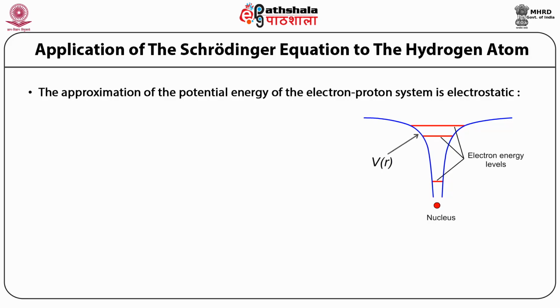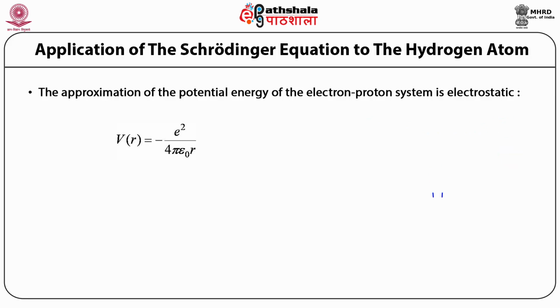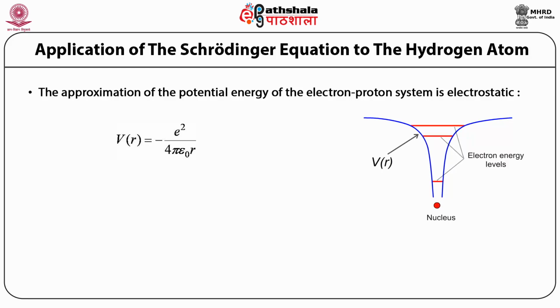The hydrogen atom can be treated as a particle in a quantum well defined by the following electrostatic potential, that is V(r) equal to minus e square by 4 pi epsilon naught r, and it is schematically shown in this figure, which shows the potential well due to electrostatic attraction between the positively charged nucleus and the electron.